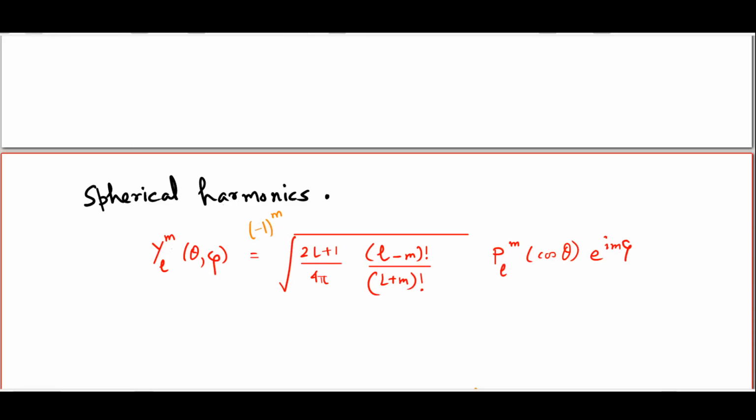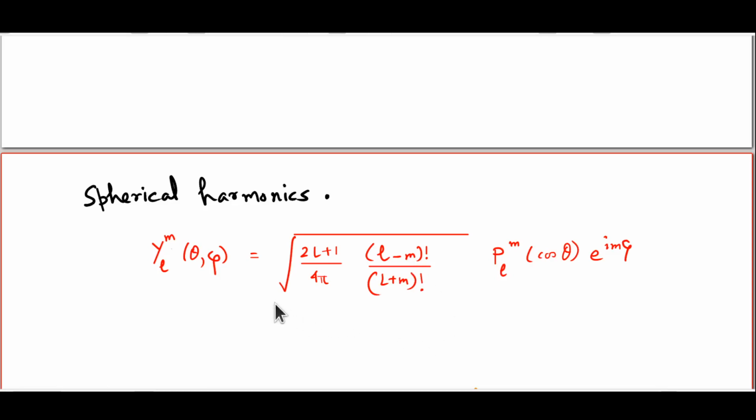Since we have already taken into account the Condon-Shortley phase in our definition of PLM cos theta, I will not put in the -1 to the m in this definition. Either way, the Condon-Shortley phase is there in YLM theta phi in all quantum mechanics textbooks, either via its inclusion in PLM cos theta or via an explicit inclusion here.